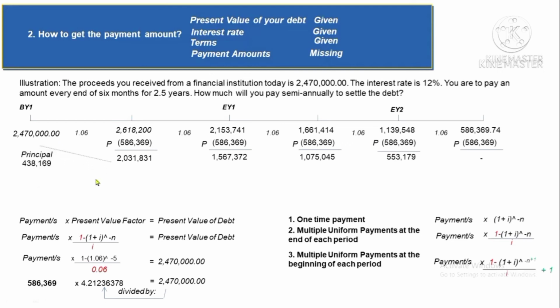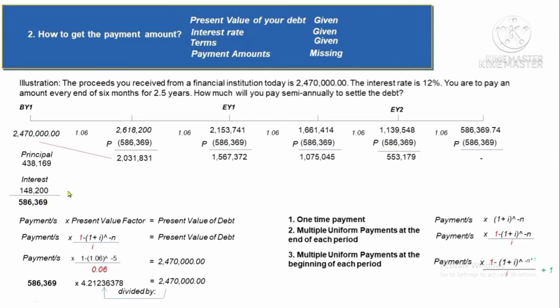That is the difference between these two balances. How about the interest, sir? Since we have the total payment of 586,369 and the principal payment is 438,169, the difference of the two, which is 148,200, is the interest payment, for a total of 586,369.